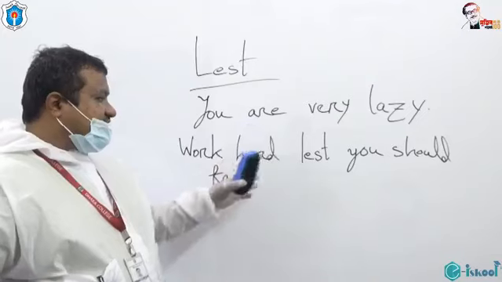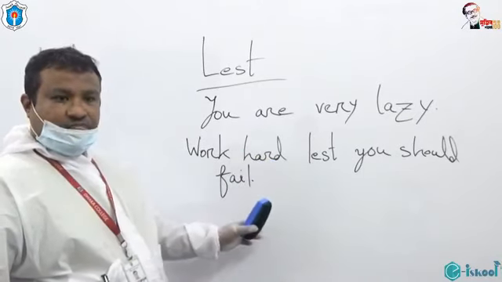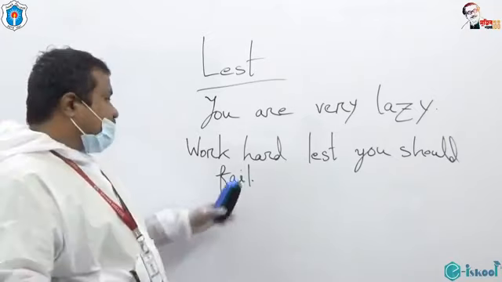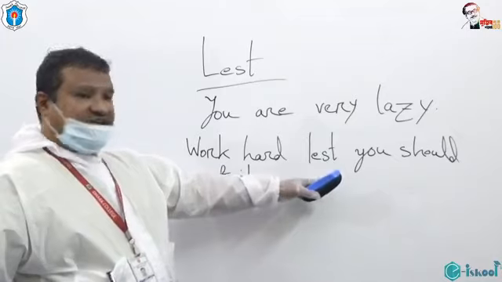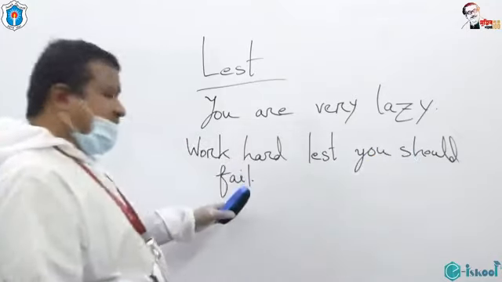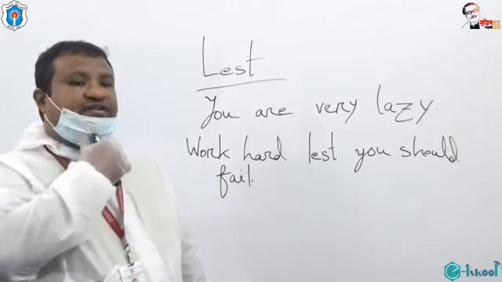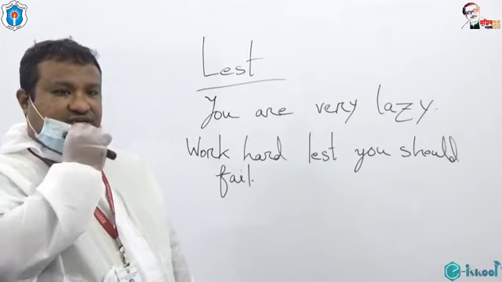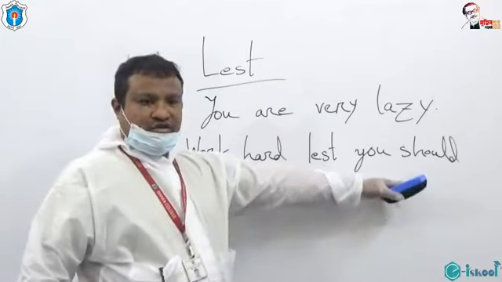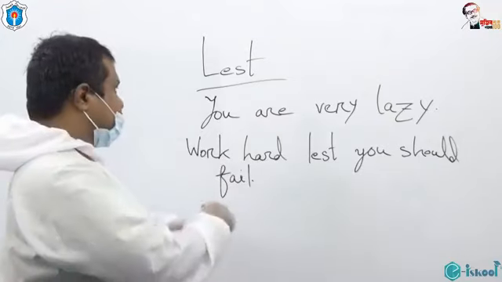You are very lazy, work hard lest you should fail. This is very important: when you are using the word lest, you use a subject, then should, and then the main verb. So subject plus should plus main verb. When you are using the word lest, you are using the auxiliary verb should after the subject while completing the sentence.